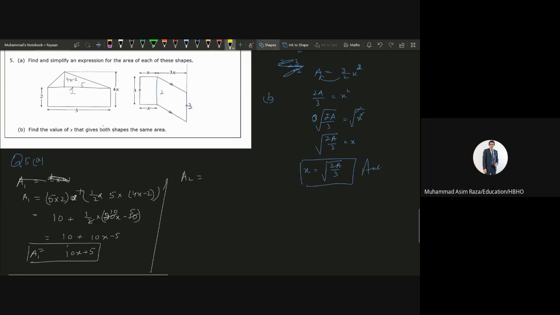Is there any parallelogram? Yes, exactly it is. Okay, you see that this is a parallelogram. If this is the length L, and if this is the height h, then the area of this parallelogram will be equal to length into height.